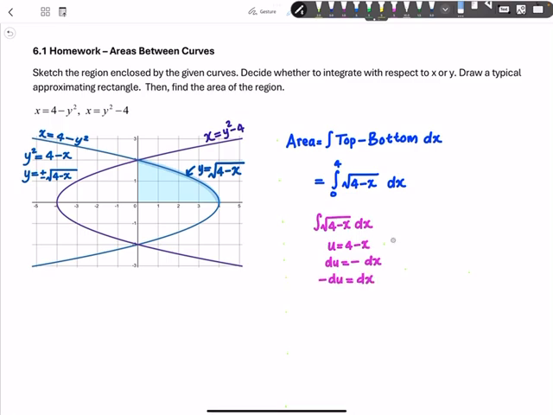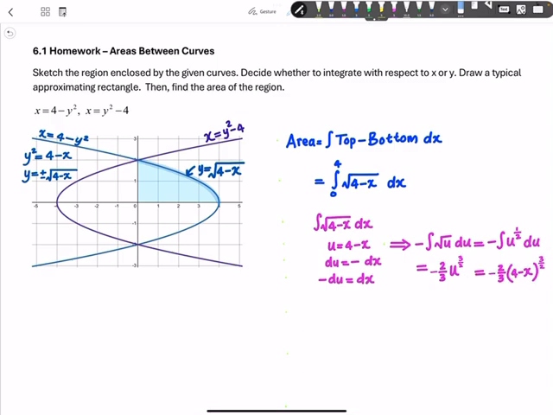Let me try that again. After substitution, we will have negative the integral of the square root of u du, which becomes negative the integral of u to the power 1/2 du. When I integrate, this will be negative 2/3 u to the power 3/2, and then we can back substitute.